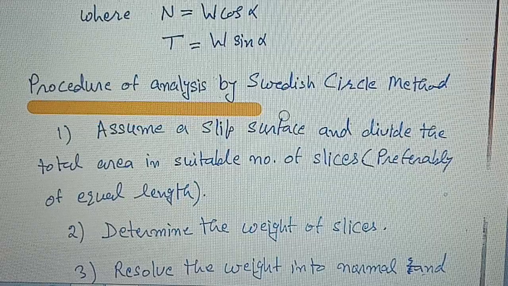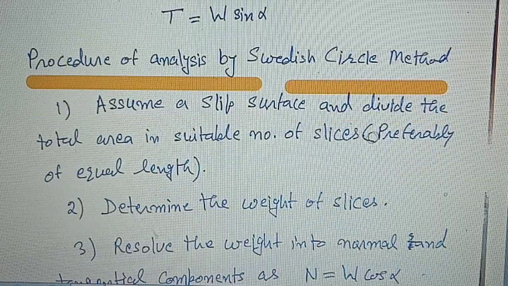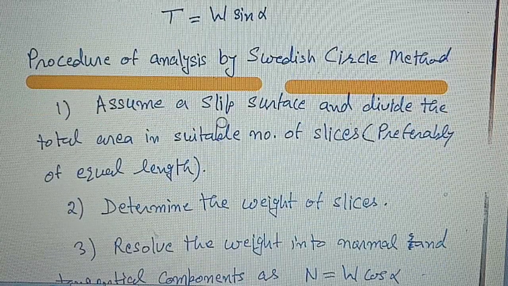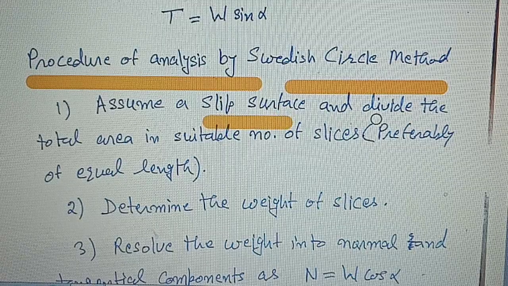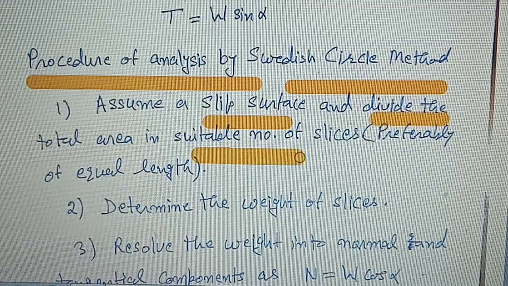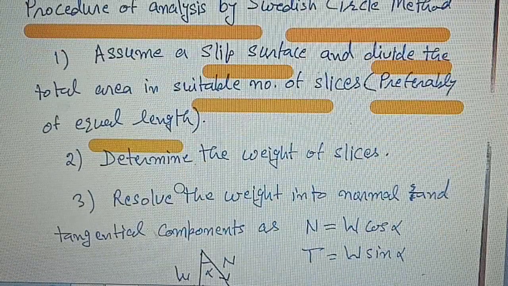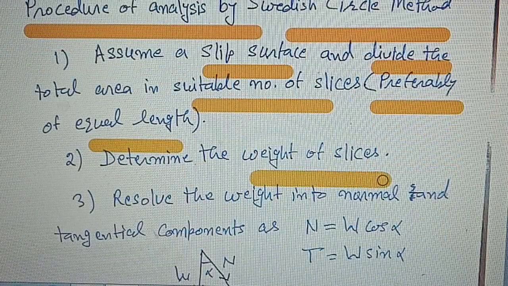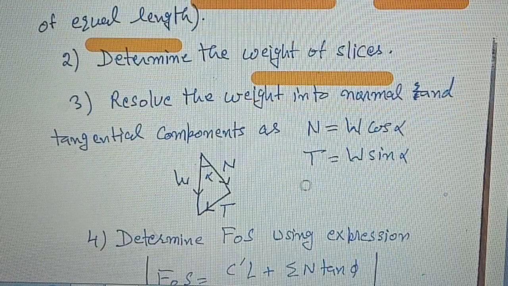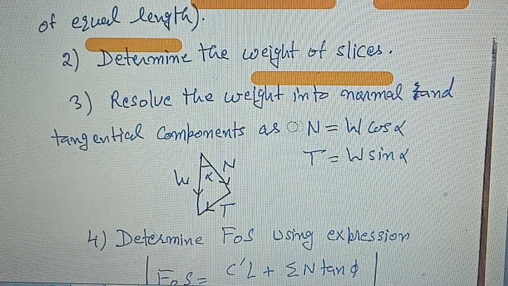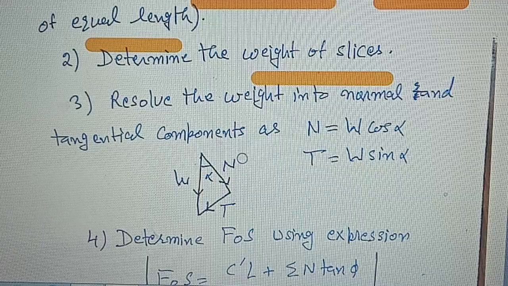The design steps of this method: first, assume the slip surface and divide it into a suitable number of slices, preferably of equal length. Then determine the weight of the slices, that is W. Third, resolve the weight into normal and tangential components.